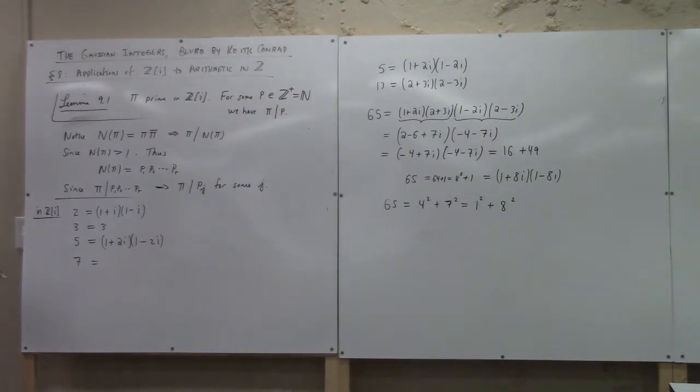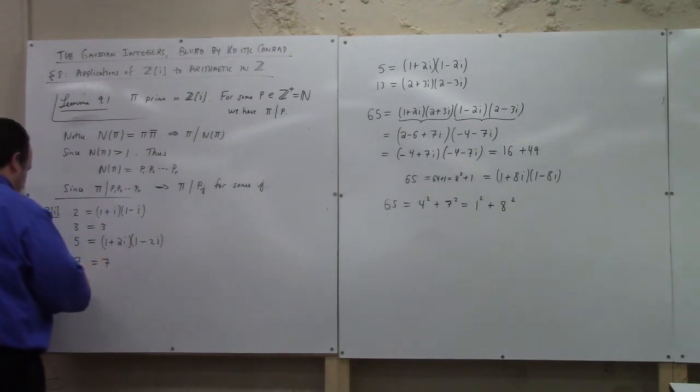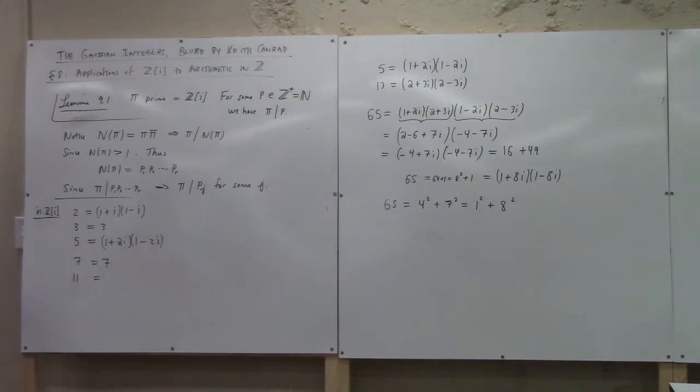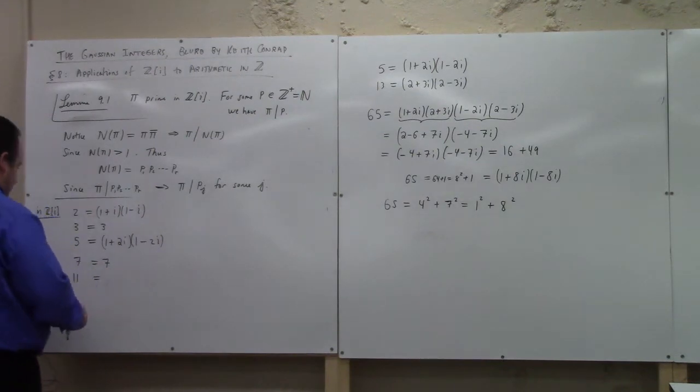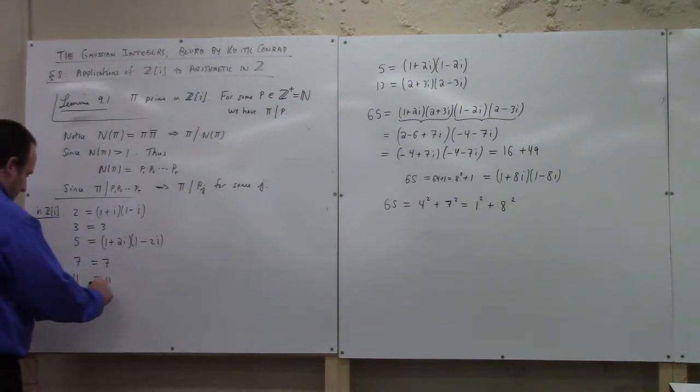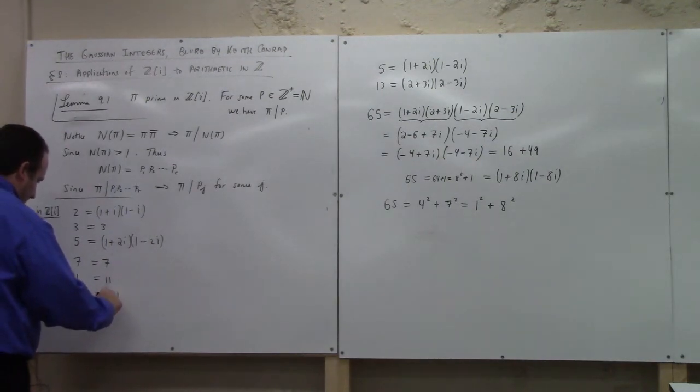So 7 is its own factorization. How about 11? 3 plus... so 4, that means you need 7, which is also no. So it looks like 11's a no. How about 13? We got 4 and 9.